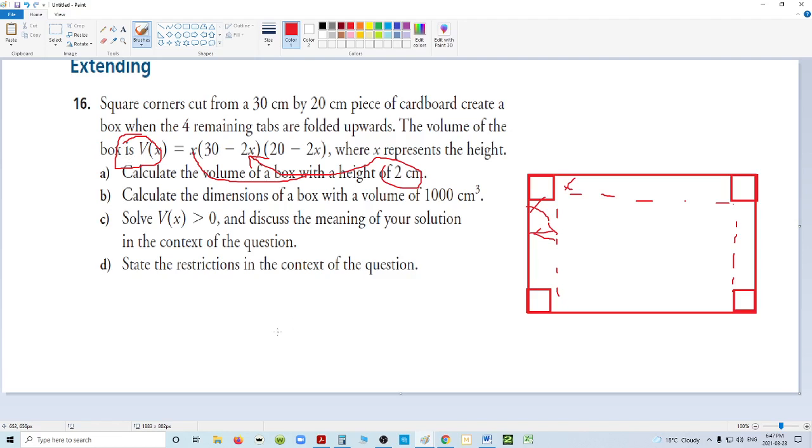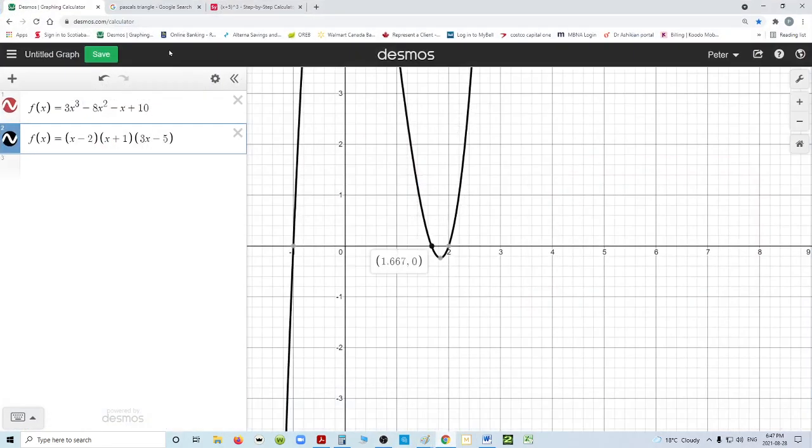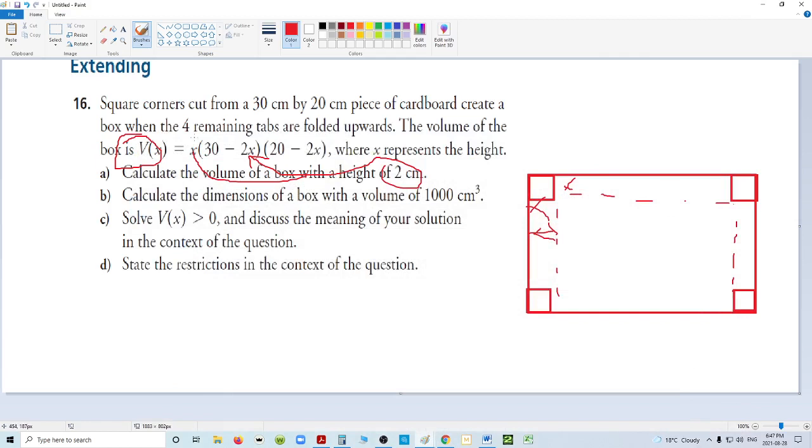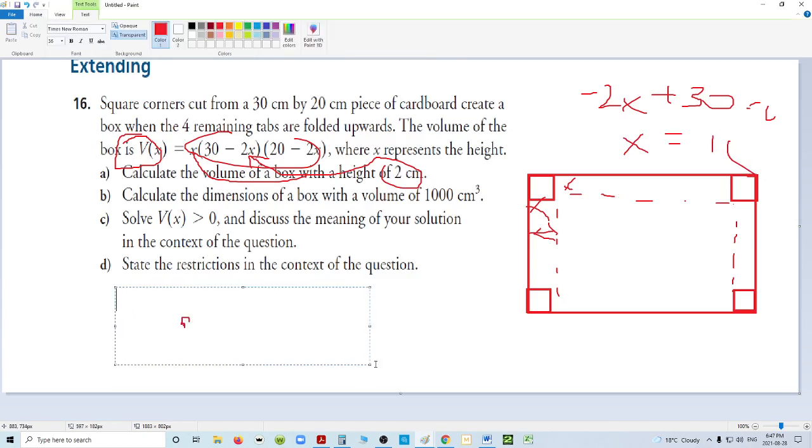That's a tough one, actually. I'm going to just let Desmos, for the interest of argument's sake, but I'm also going to show you that if we look at these, -2x plus 30 is equal to 0 is going to be x is equal to 15. So it's going to go through 0, 0. It's going to go through 15.